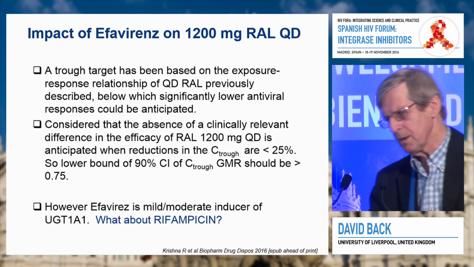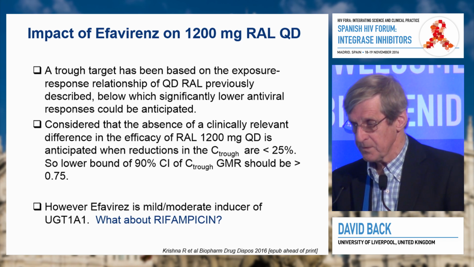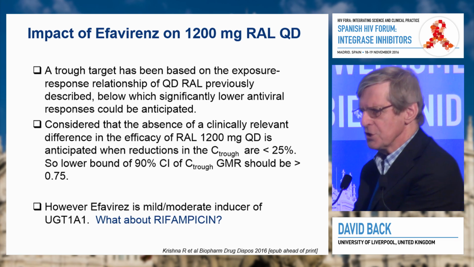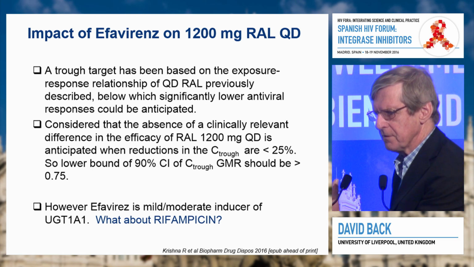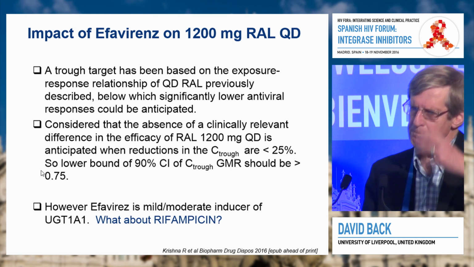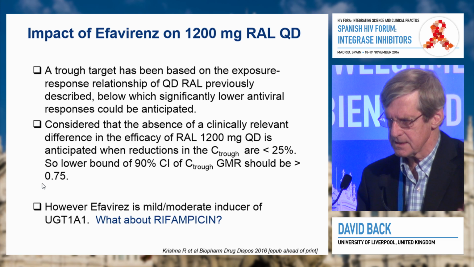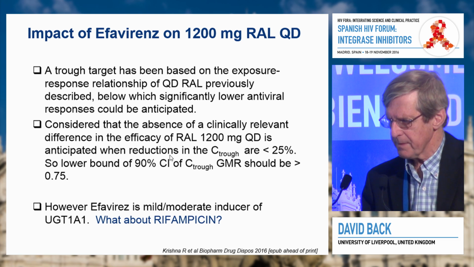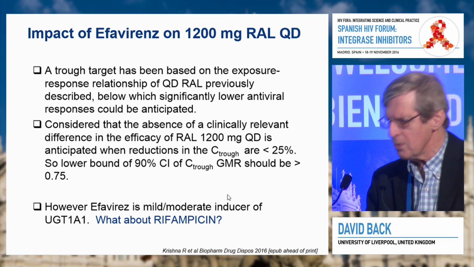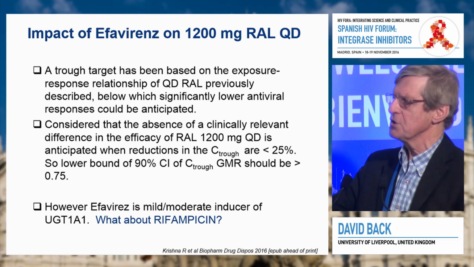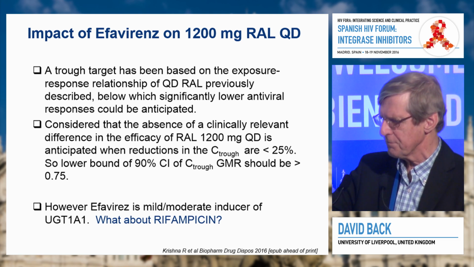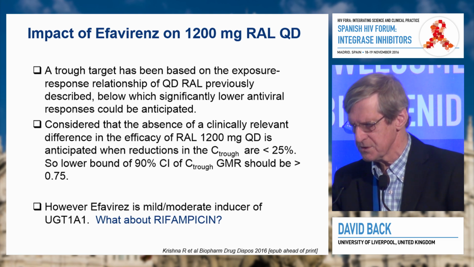And in the paper, which was just published a couple of weeks ago, they discussed, well, what target are we looking for? What are we concerned about with once daily raltegravir? And they said that looking at the modeling of data from previous once daily studies, what you're concerned about is a C trough concentration which goes below 0.75, so greater than a 25% decrease in exposure of the trough would cause you concern.